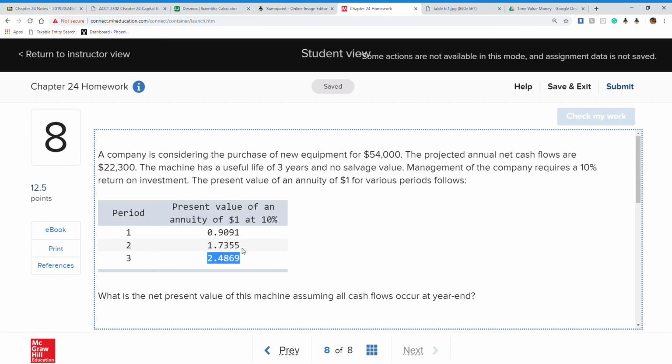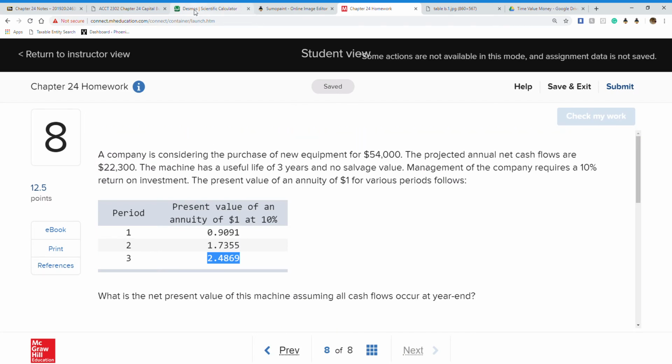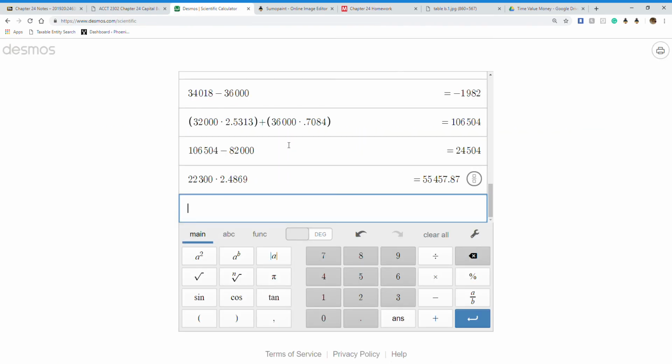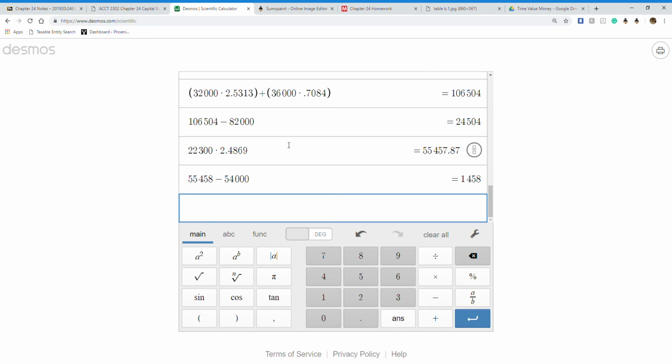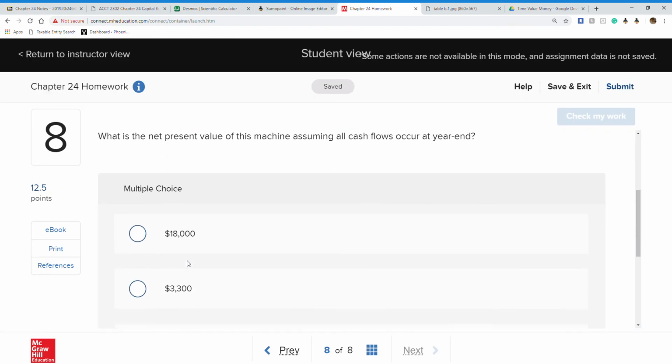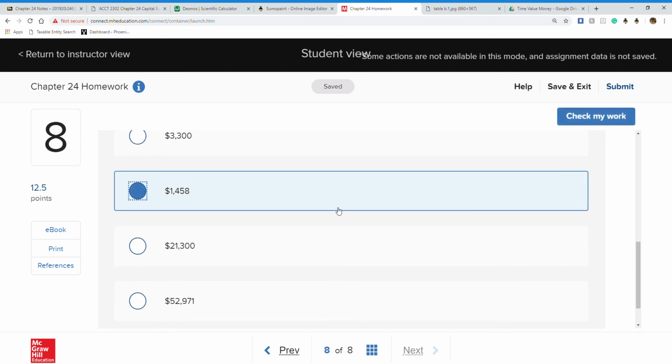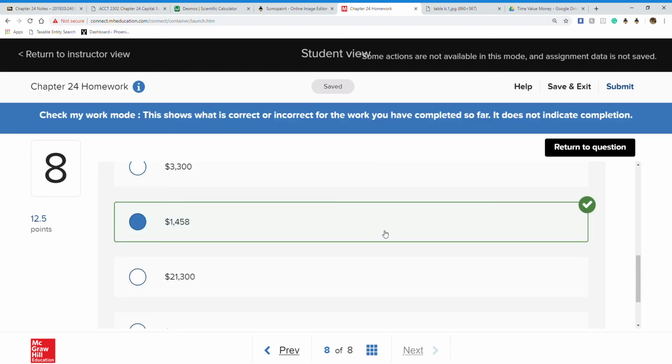Take the cost, 54,000. So 55,458 minus 54,000 leaves us with only 1,458. Again, cash flows minus cost, 1,458. Check my work, and everything is good.